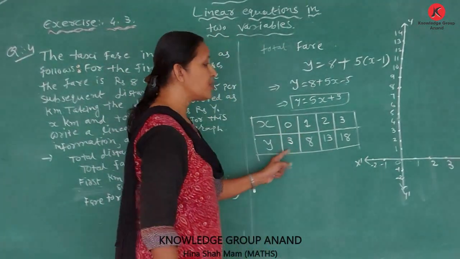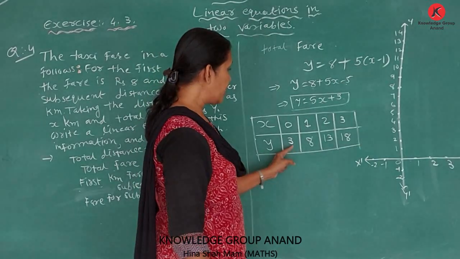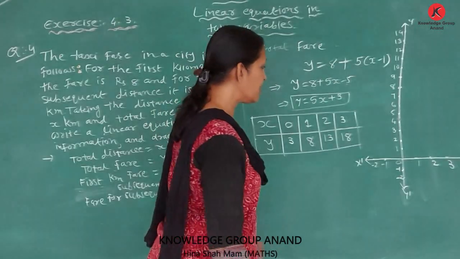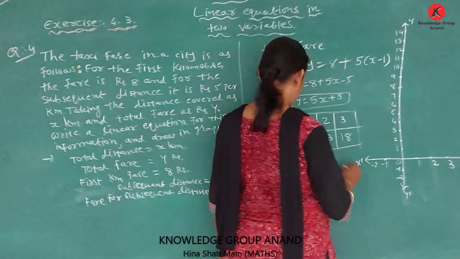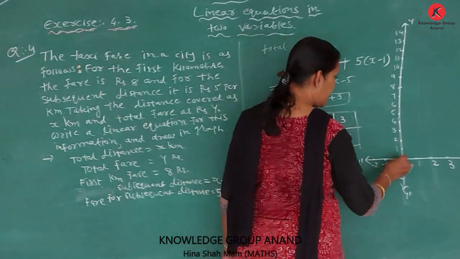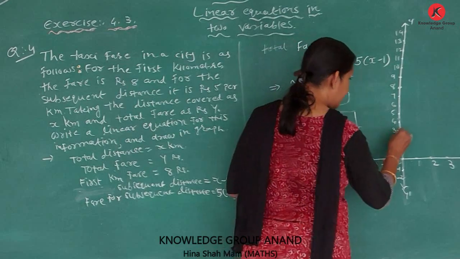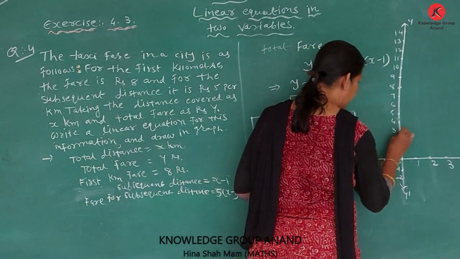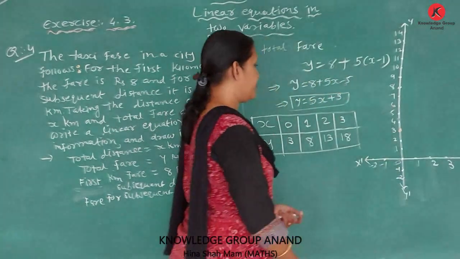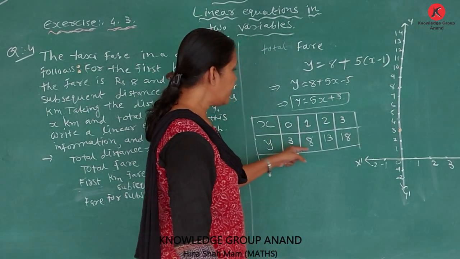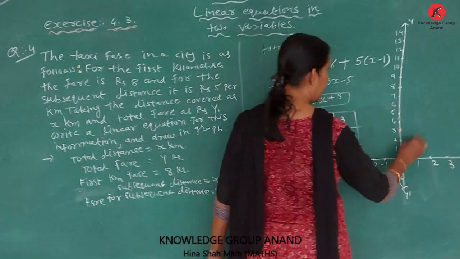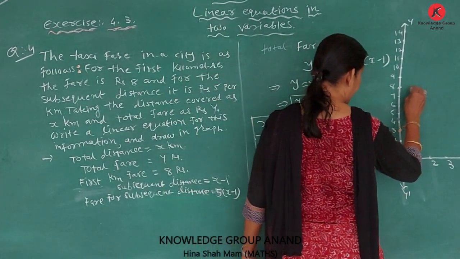Now draw the graph of this equation. From this table, 0, 3: 3 is on the y-axis and x is equal to 0 on the origin. Therefore, 0, 3 is here. This is the point 0, 3. Now 1, 8.